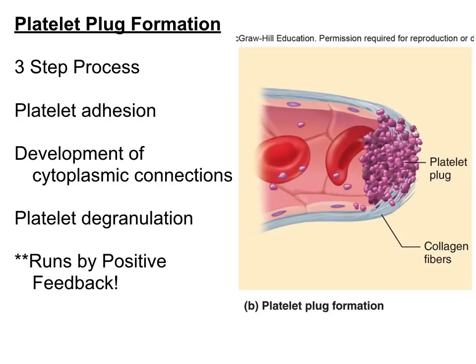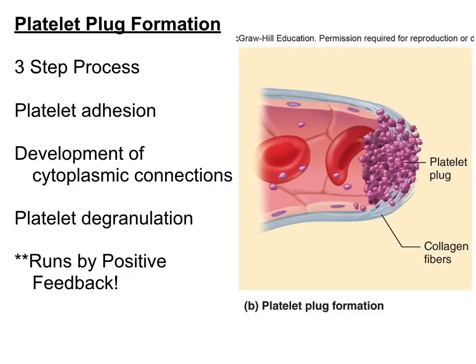Your platelets will release ADP. Now, ADP was introduced in A&P1 as what was needed in order to form ATP. And then when you use ATP, it breaks apart into ADP and phosphate. So ADP does have a function with energy storage and energy release.